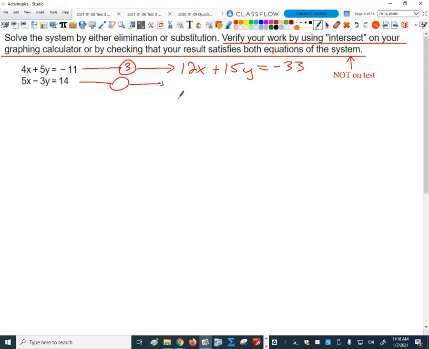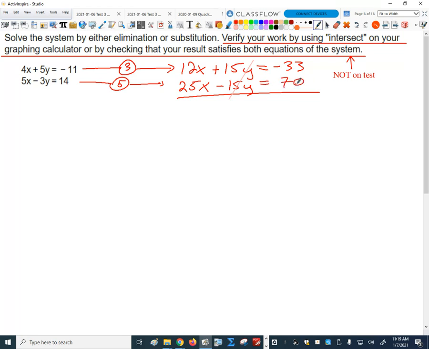So then what would I multiply the bottom by? Because I already know that in order to get the y's to cancel, I'm going to need to have a negative 15y there, right? So what do you think? That would be 5. Good. If I multiply 5 through, I'm going to get 25x minus 15y equals 70. Bingo. Look what happens. That's what we want, right? We want the y's to cancel.